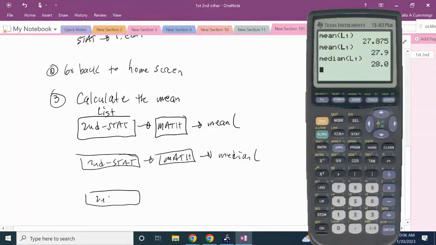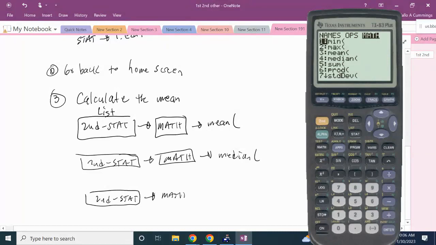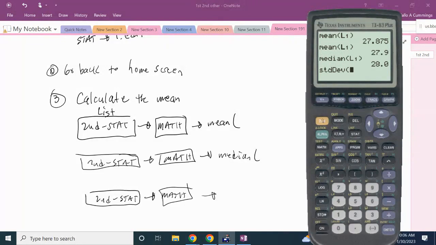Once again, go to list, which is second stat, scroll over to math, and find the standard deviation for list 1, which is 5.3 rounded to 1 decimal place.